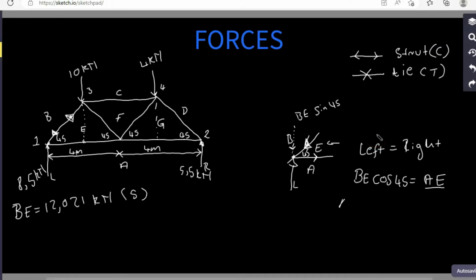Then our AE will be equal to BE, which is 2.021 cos 45, and that, according to my calculator, is equal to 8.5 kilonewtons.